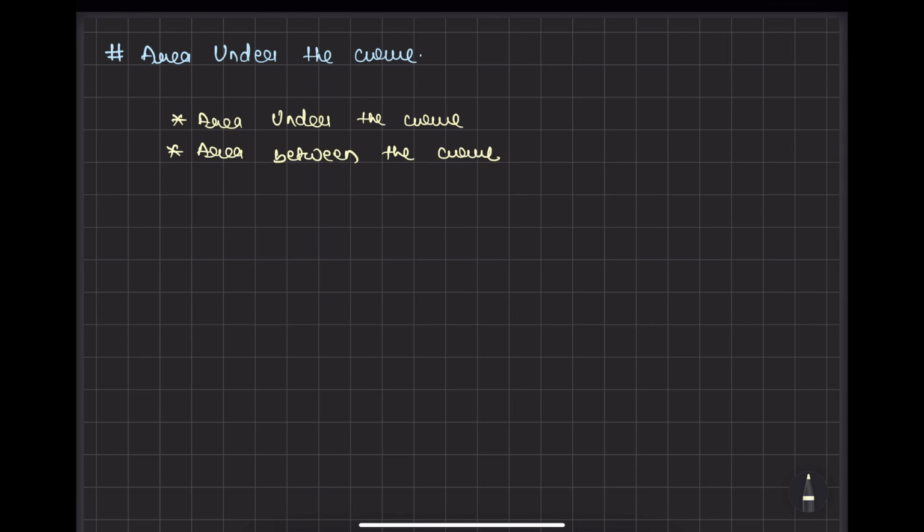Okay, so how will we handle this situation? Try to understand. Suppose we have this curve. In the first part we will try to understand this, and then we will upgrade our understanding and move on to the next part.